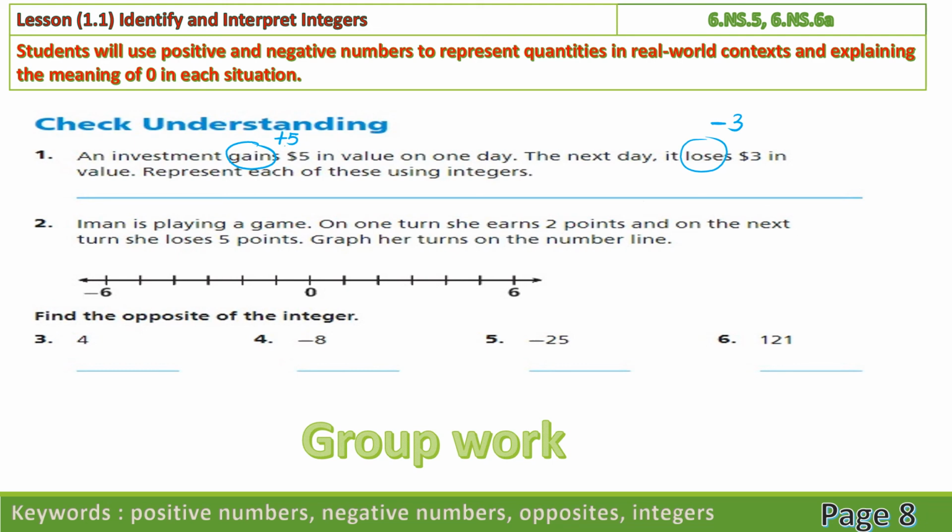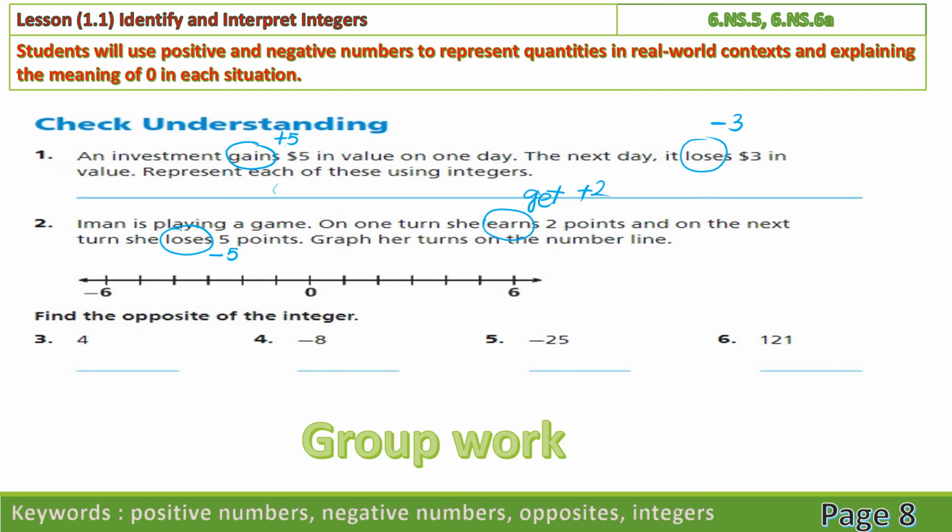Iman is playing a game. On one turn she earns. Earns means she gets. So get means positive, right? She earns 2 points. And on the next turn she loses 5 points. Loses means take away. That means 5 points she took away.